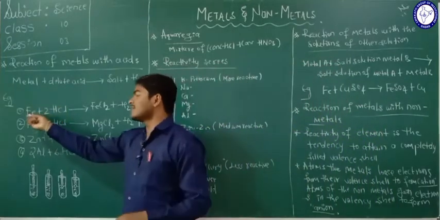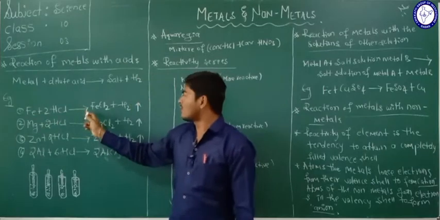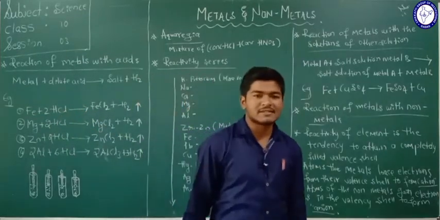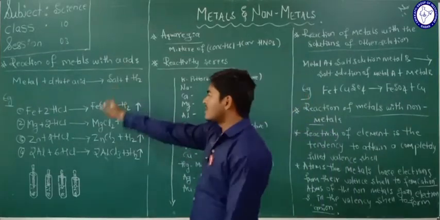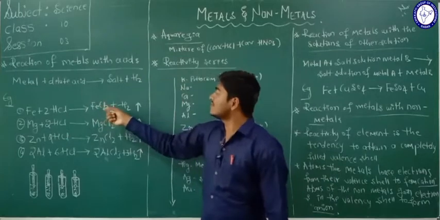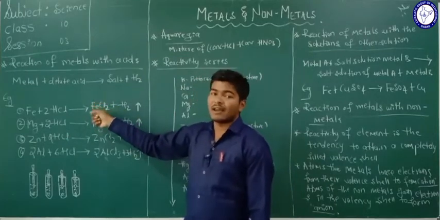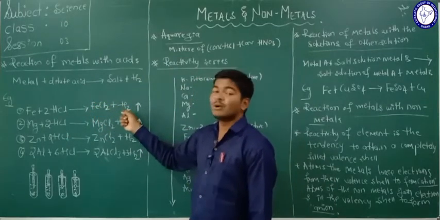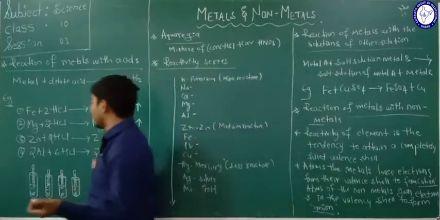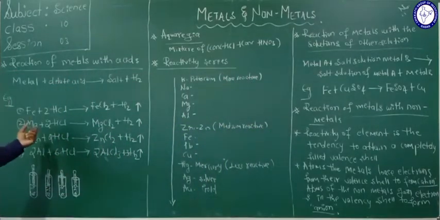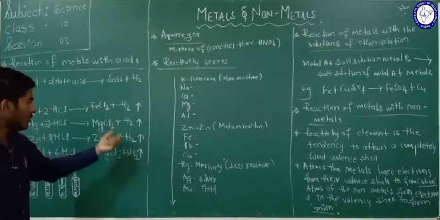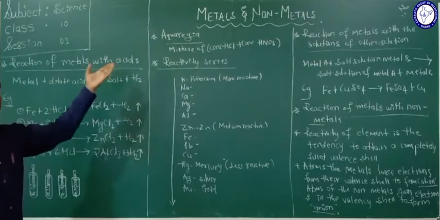When iron reacts with dilute hydrochloric acid, it produces ferric chloride as a salt, and it also releases hydrogen gas. Another example: when magnesium reacts with dilute hydrochloric acid, it makes the salt magnesium chloride, and hydrogen gas is evolved here.